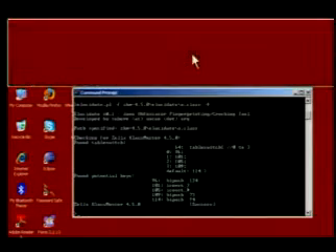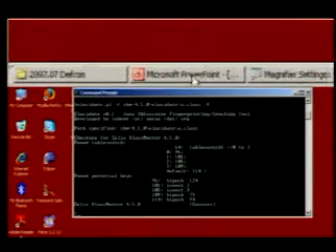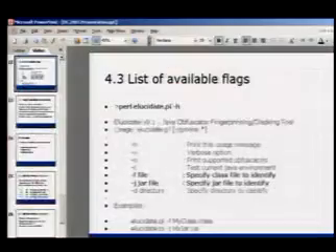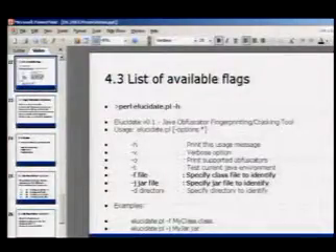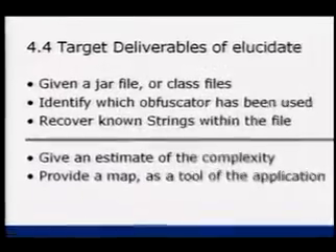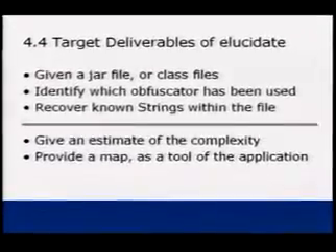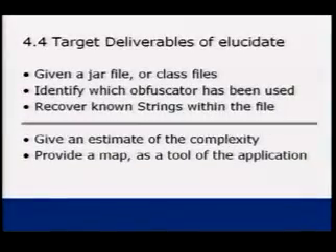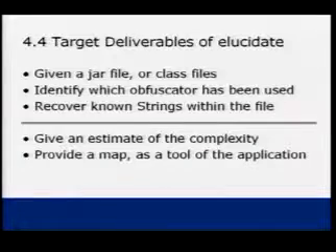Now, the target deliverables of this little tool is, as I said, provide a jar file, identify what obfuscators have been used, and recover strings within that file which are supposedly encrypted.